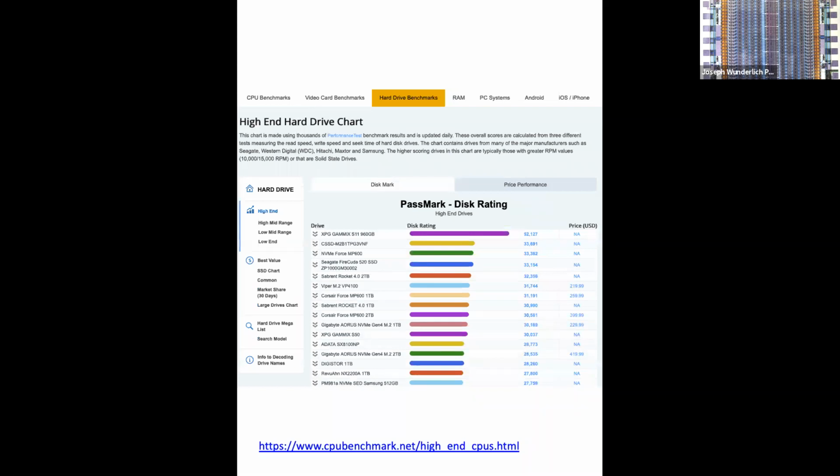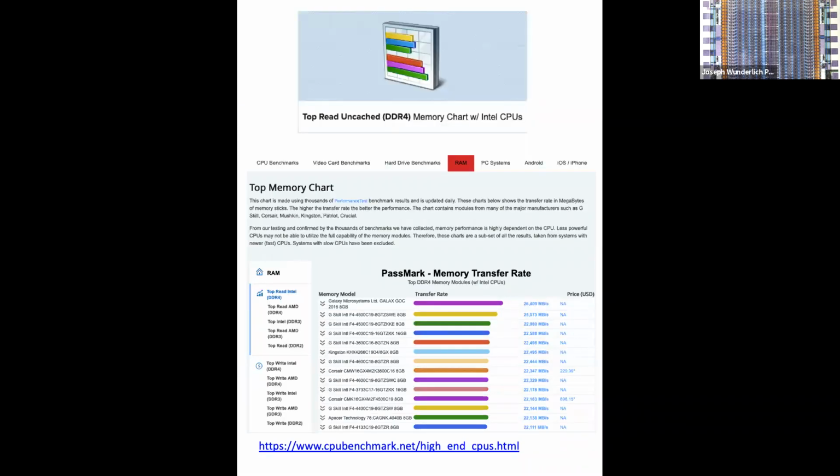Then they evaluate disk drives, hard drives. They evaluate RAM. DDR4 is, at the time of this evaluation, the fastest double data rate memory, with access on both the leading and trailing, the rising and falling edge of a clock pulse. You'll learn about that in memory lectures.